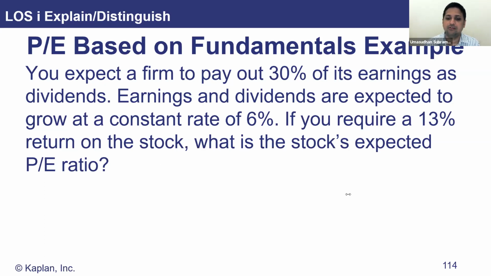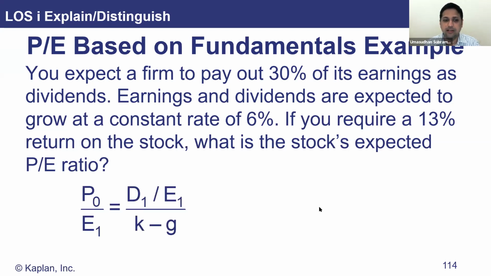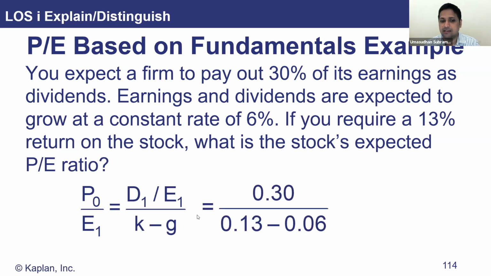So your PE ratio equals D1 divided by E1 divided by cost of equity minus growth, isn't it? We know D1 divided by E1 is your payout ratio.